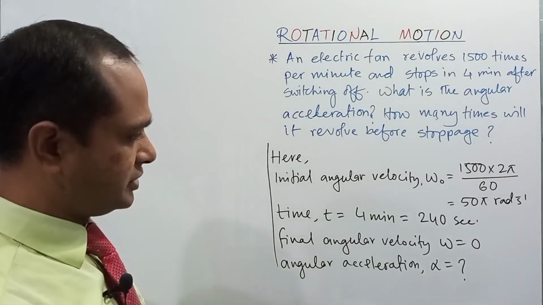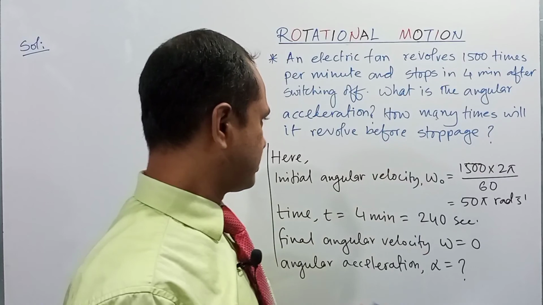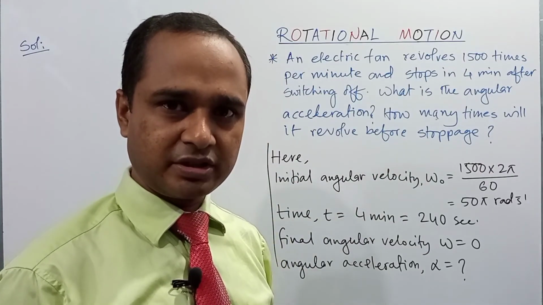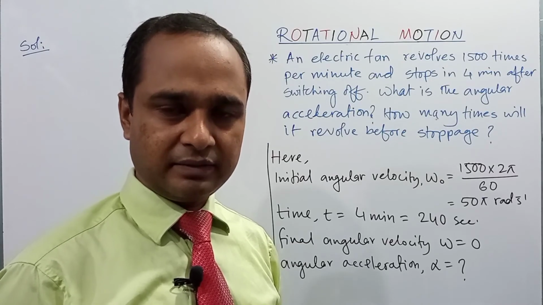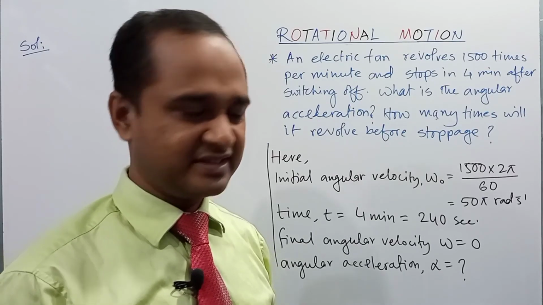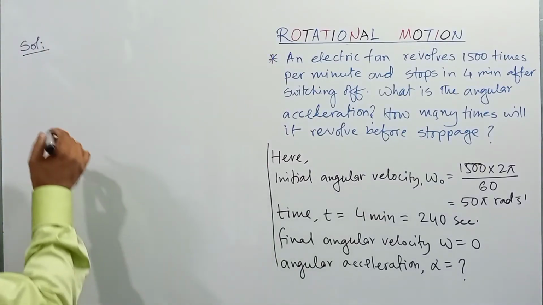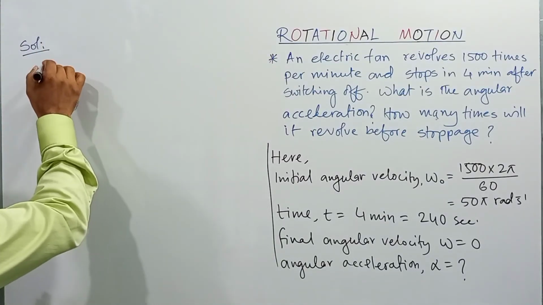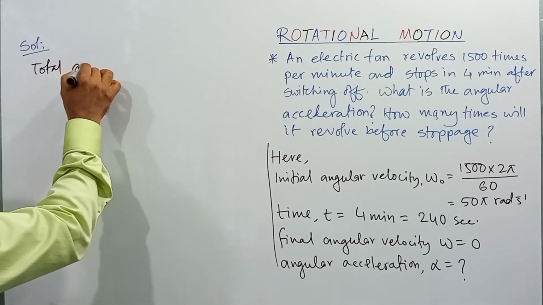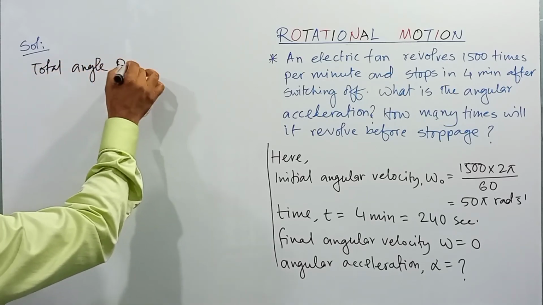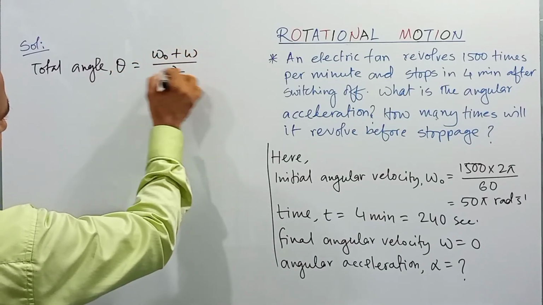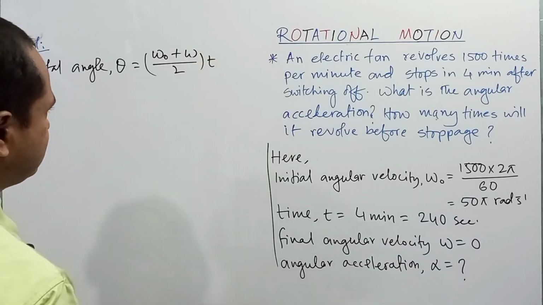Now, we need to determine the number of rotations or revolutions before stoppage. For that, first we need to determine the total angle subtended by the fan before its stoppage. So here, total angle theta is equal to (omega naught plus omega) divided by 2, multiplied by t.